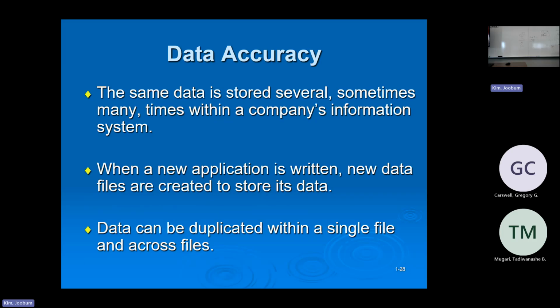Address and phone number and SSN should be the same. But the problem is maybe this one and this one are updated. But if my data in the first table is not updated, in that case, the data is not consistent. So accuracy means reduce the duplicate, the redundancy. Okay?